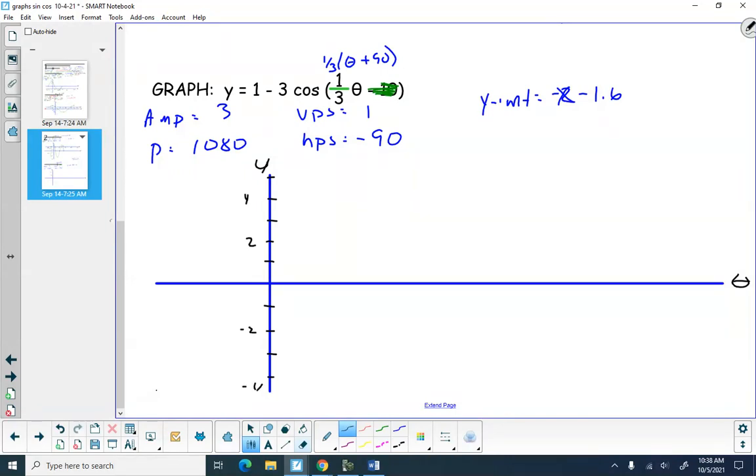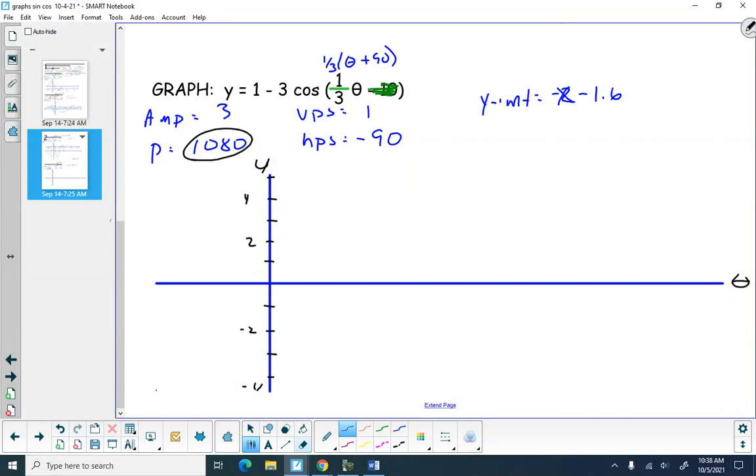But take a look at this. The problem I run into is I got the big period here, 1080. So I need to really be able to space this out. I can count out by 90s if I want, but I'm going to make my 90s really small. Or I can count out by 180s. It does not matter. I can count out by 180s and then cut the 180s in half.